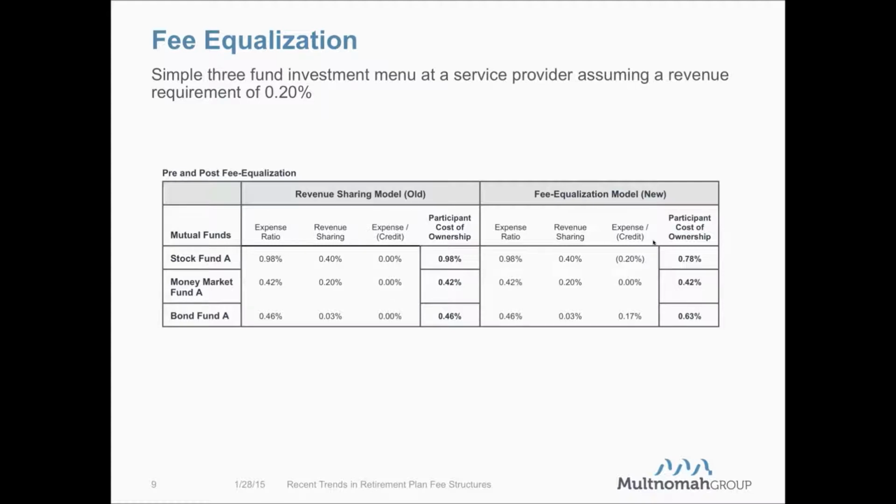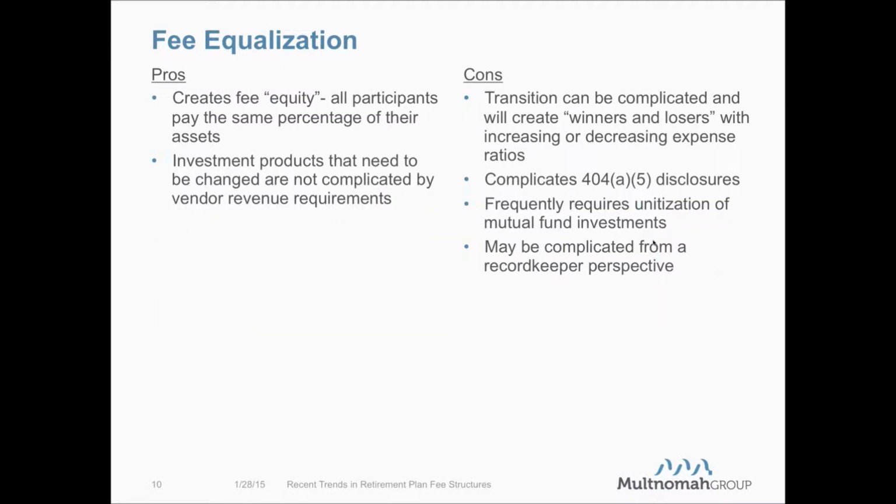Or worse yet, maybe a committee overlooks or neglects to be critical of a product like Stock Fund A because they recognize that taking it out would have an economic impact on their pricing model, both of which are disadvantageous. So the notion that investment products can be replaced without disrupting the fee payment process or the economic process certainly is an attractive one.